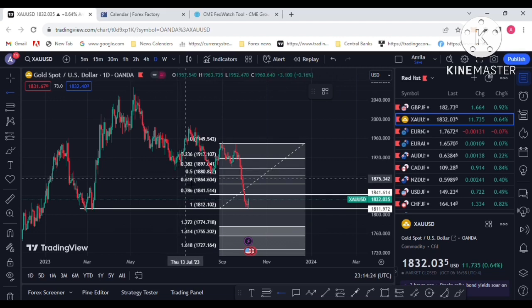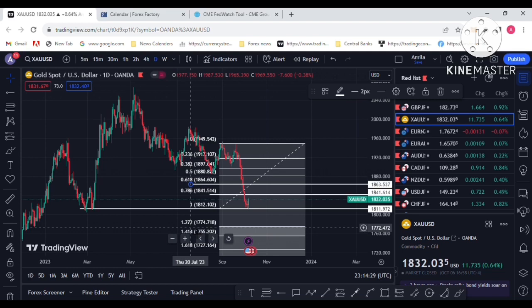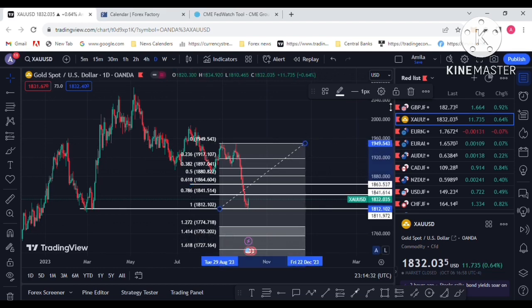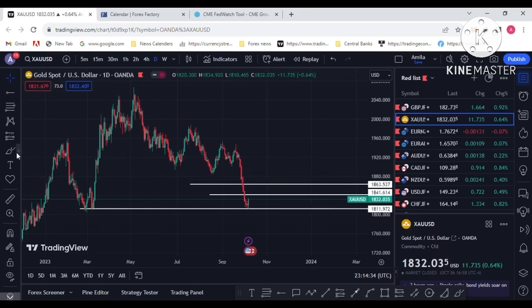The two levels where I am hoping the price will retrace are the 0.786 level and the 0.618 level. The 0.786 level is the 1842 level and the 0.618 level is the 1860 level. The price will retrace to these levels next week and then drop again. So you have a buy opportunity next week with this technical analysis. This is my technical picture for next week.